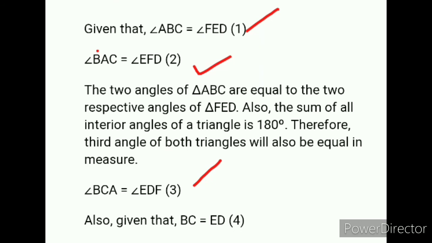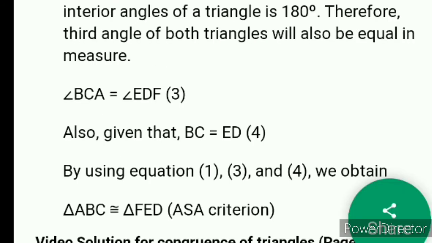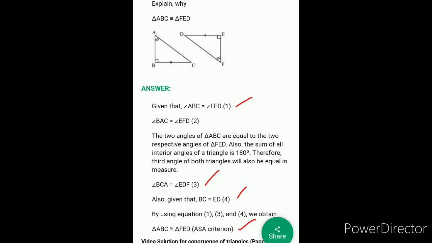Also given that BC equal to ED. One side similarity is given, BC equal to ED. Now we have 1, 2, 3, 4. By using equations 1, 3, 4, we have to use only 1, 3, 4, we can prove triangle ABC is congruent to triangle FED by the ASA criterion.